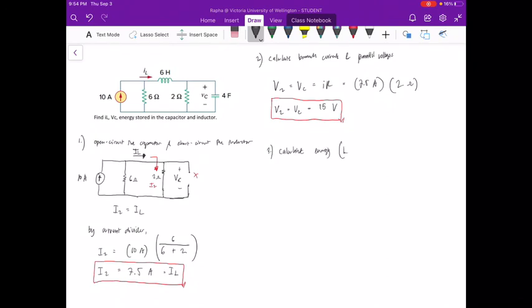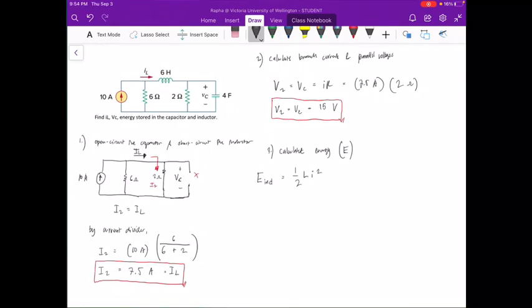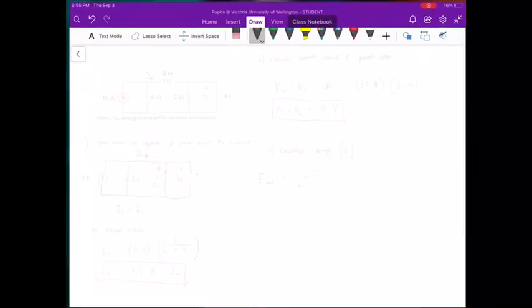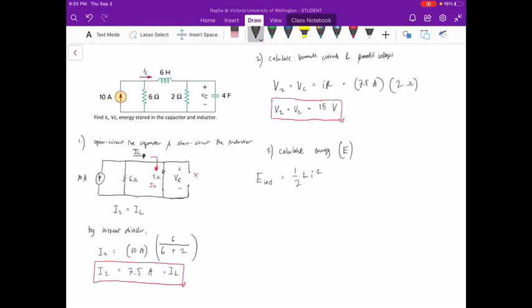So in order to not get mistaken, I'm just going to replace it with letter E. We have E for inductor, E sub I and D. Inductor energy is equal to 1/2 Li squared. Recalling from this formula, and equal to inductance of 6 henries times 7.5 amperes squared.